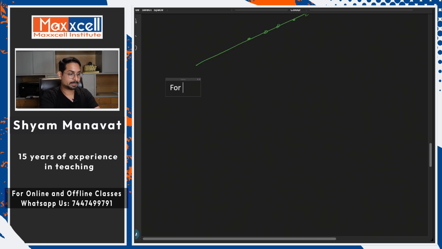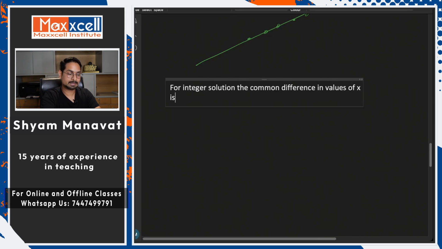For integer solution, the common difference in values of x is equal to the coefficient of y. Remember this.